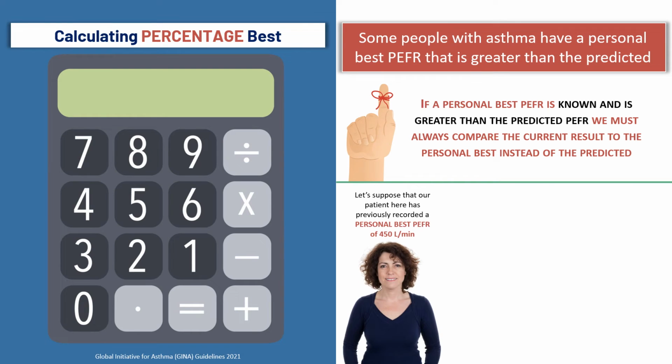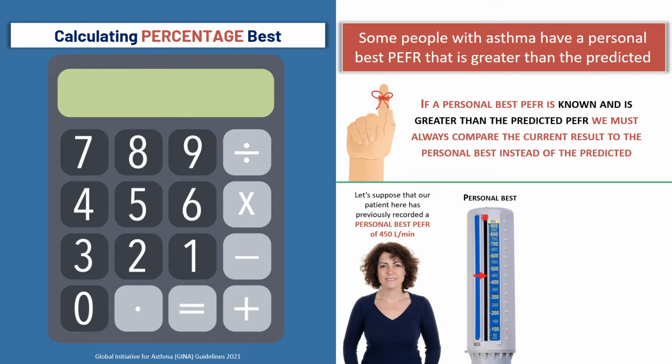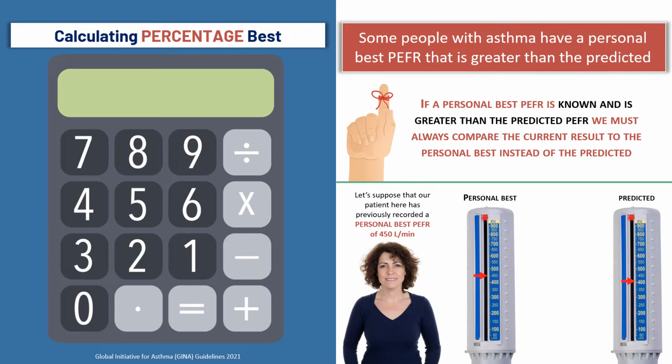So let me use our patient as an example. So let's suppose that our patient here previously recorded a personal best of 450. Okay, so what we now know is that she is capable of achieving better than what was predicted.